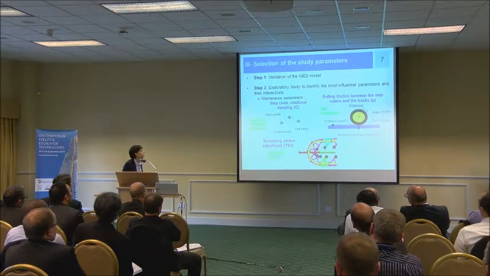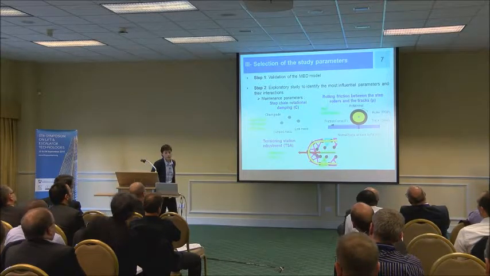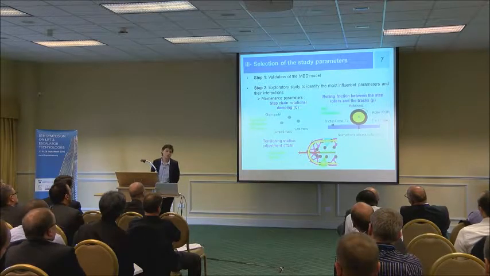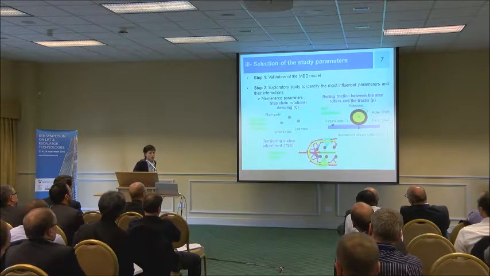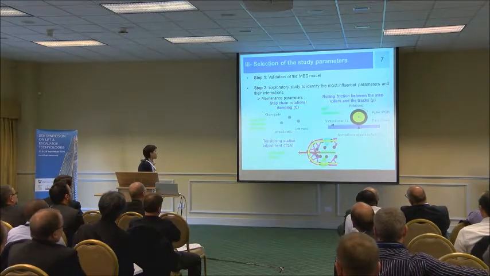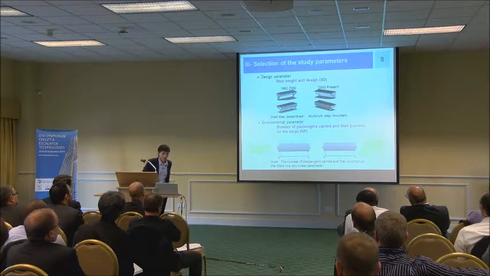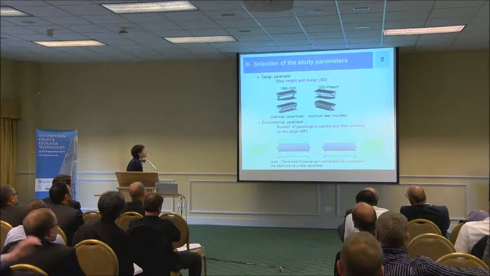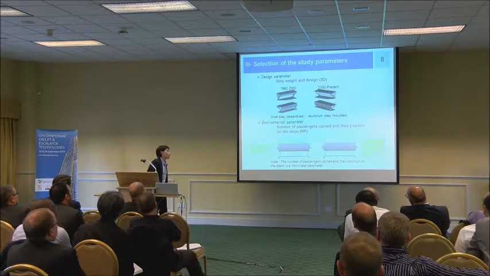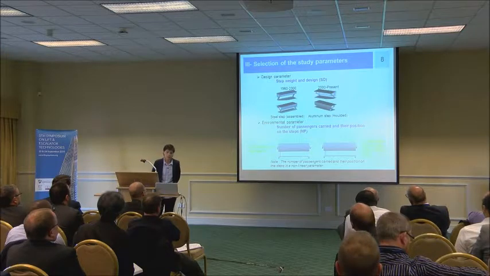Among them, 3 maintenance parameters: the step chain rotational damping, which reflects the step chain lubrication efficiency; the rolling friction between the rollers and the tracks, which depends on the rail lubrication; and finally, the tensioning station adjustment. There is also one design parameter, the step weight and design, which was what we originally wanted to study, and one environmental parameter, the number of passengers carried and their position on the steps.